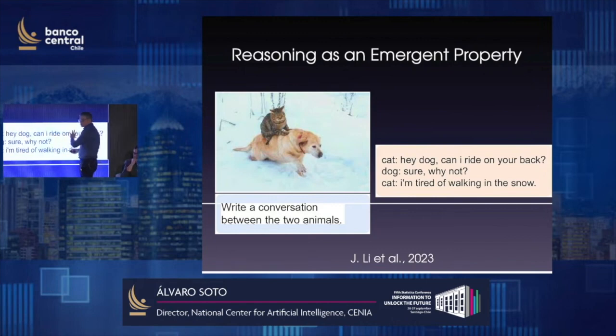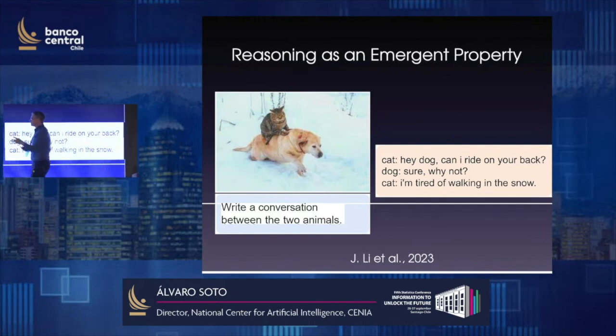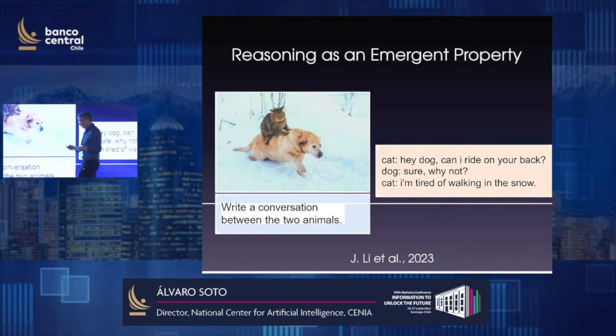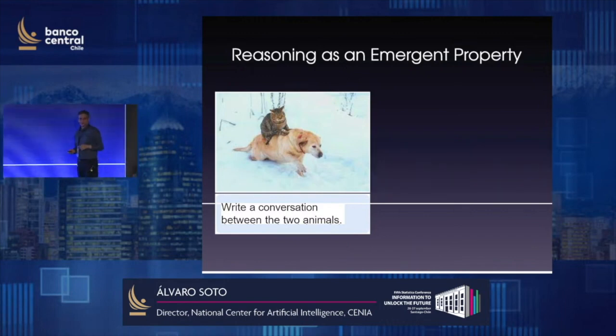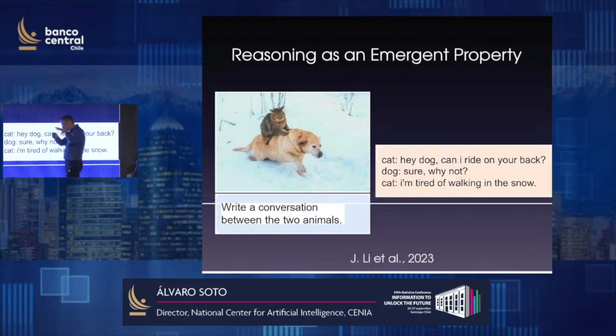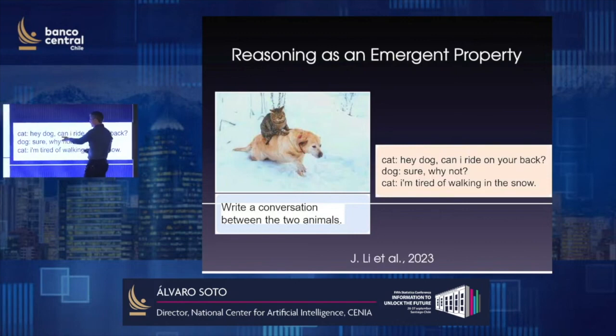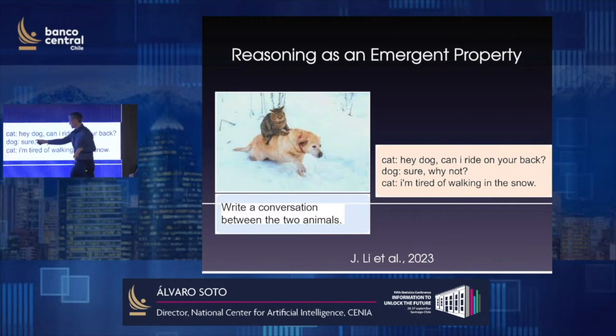Somewhere in this monster model, it has some representation of this, because that's not explicitly there. It's somewhere in the model. So the model can tell that this is something relevant for that instruction. The dog said, okay, sure, why not? And the cat said, I'm tired of walking in the snow.